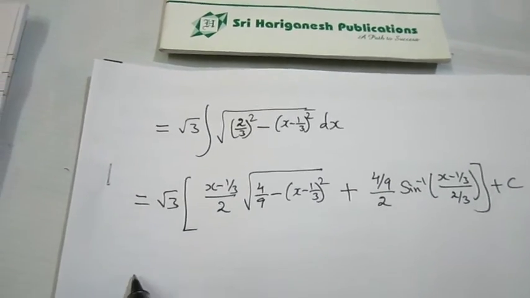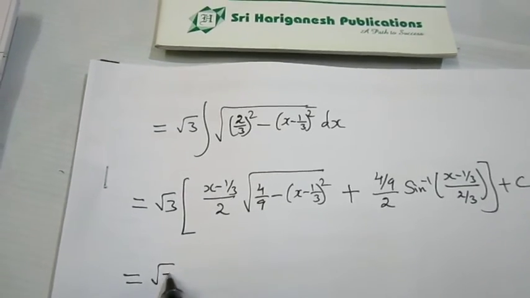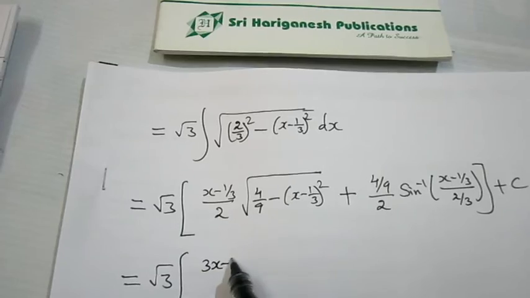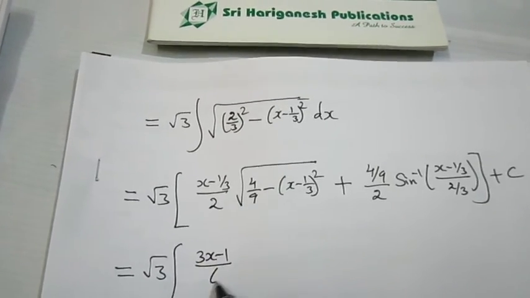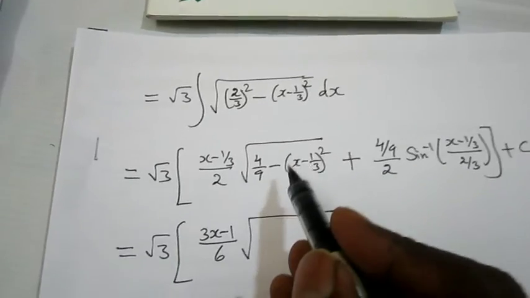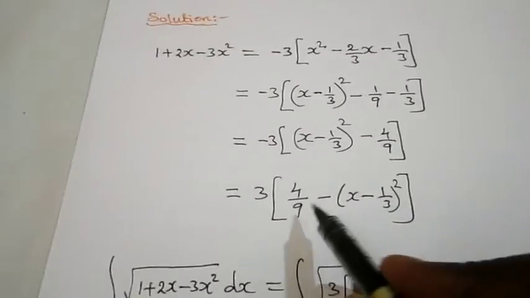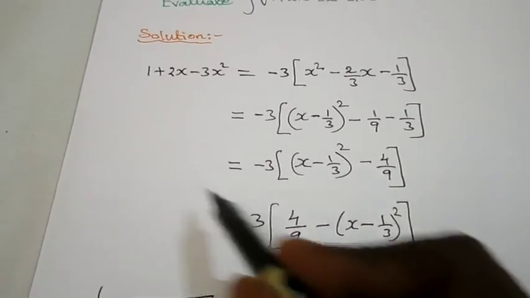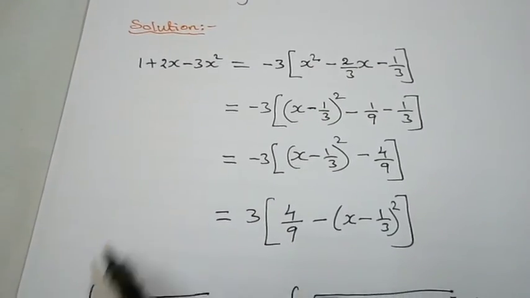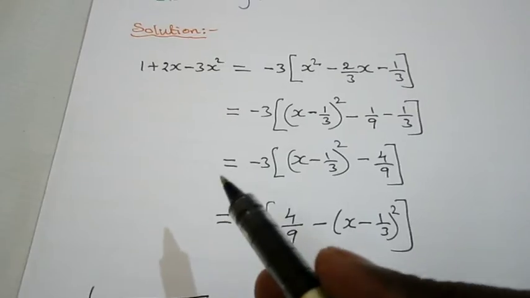In the simplification, root 3 into, take this 3 here, so 3x minus 1 by 3, 3 into 2, 6, into root of, this is the term whose equivalent value we know. What is the equivalent value? This 3 can be taken here. What is this? 1 plus 2x minus 3x square. When you take 3 to this side, it is 1 by 3 into 1 plus 2x minus 3x square.